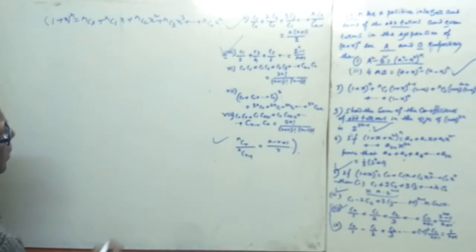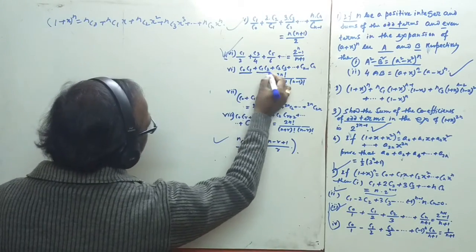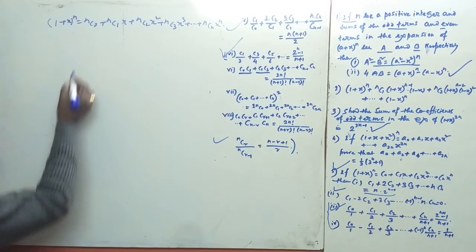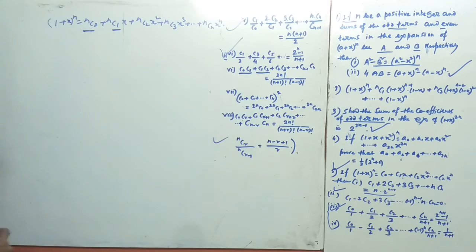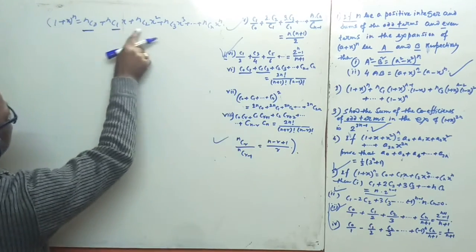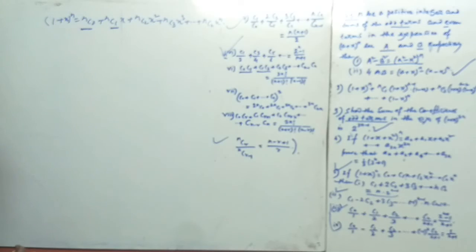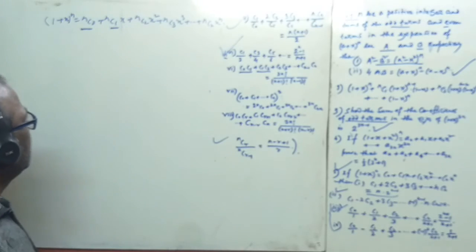Now this is the product of C0, C1, C1, C2. If you take the product C0, C1, then we get the coefficient of x. And if you take the product C1, C2, then the variable will be x cube. So this is not possible here.